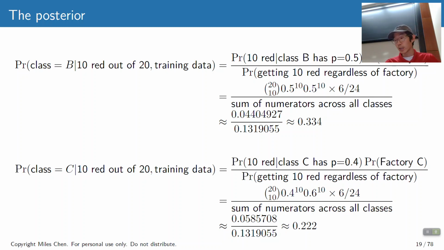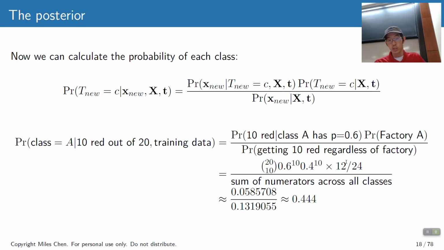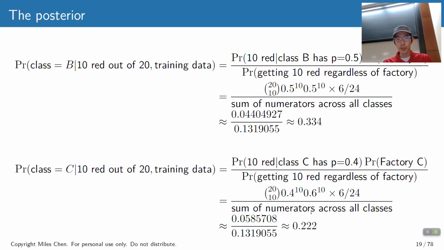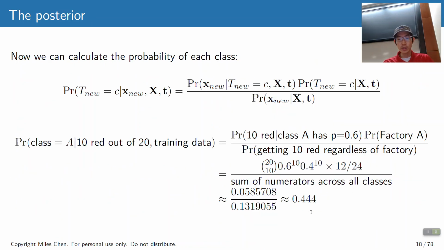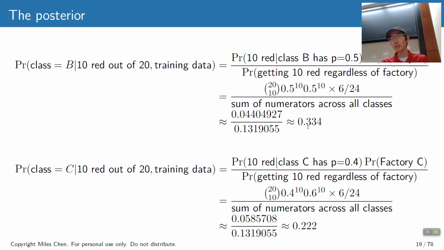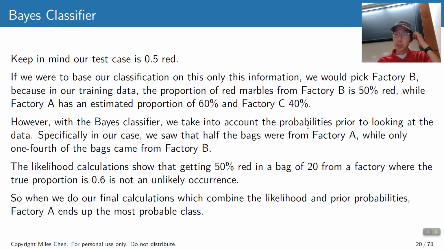So after opening the bag and getting 10 red and 10 blue, it's a 44% probability that it came from class A, 33% probability it came from class B, and 22% probability it came from class C. Remember, in our test case it was 50% red.